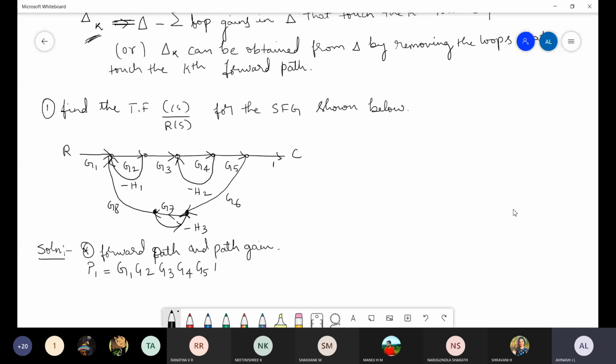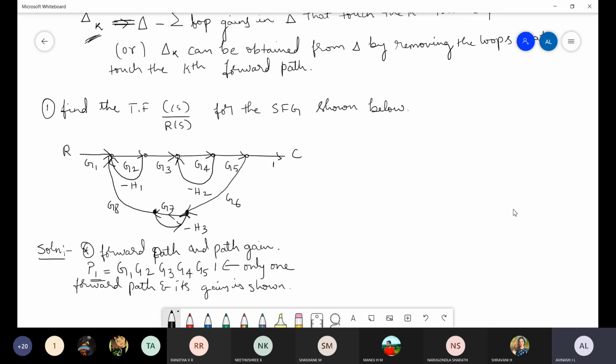So you don't have any other options to go from R to C. So there is only one forward path and its gain is given.